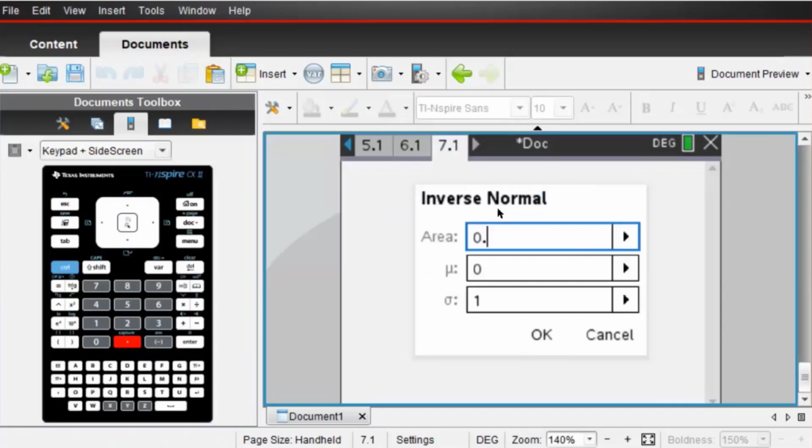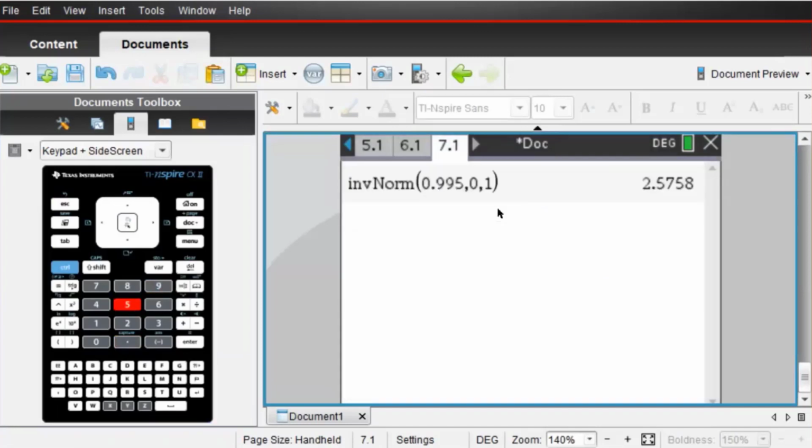So from that value to the left is 0.995. So my z-score was 2.5758. So let's say z is assigned equal to that value.